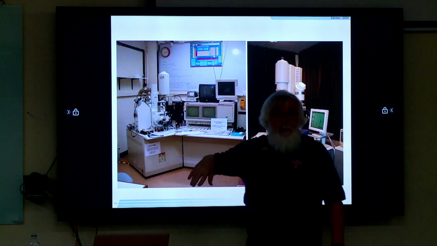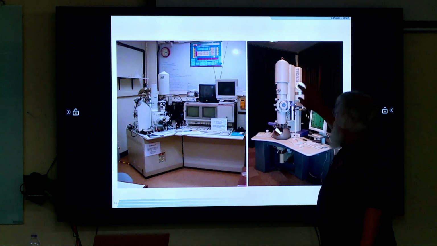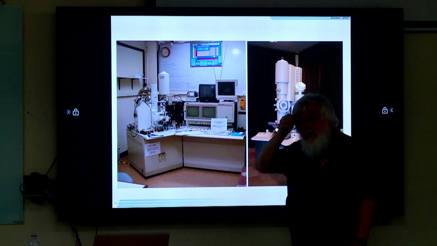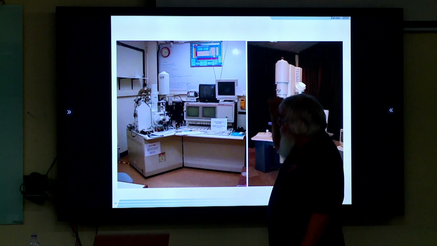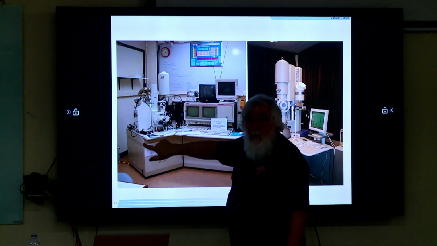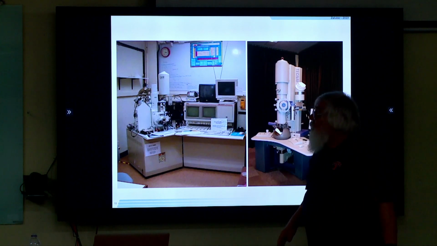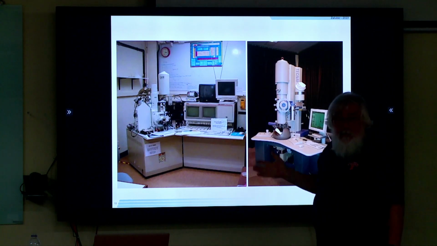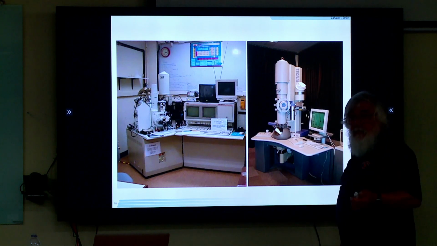That dewar is generally filled with liquid nitrogen. So there's one there, and there's one there. In the newer SDD detectors, that dewar is gone. We'll talk about that. Wavelength dispersive detectors are huge monsters. They're mechanical devices. You rarely see them on TEMs. Can it be done? Yes. Is it done traditionally? No.